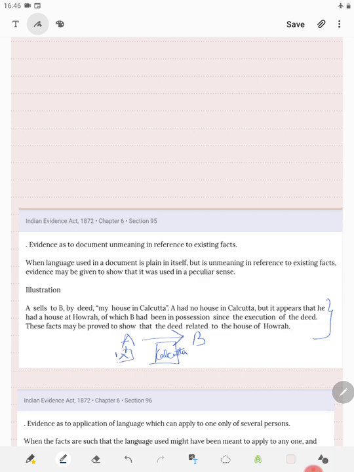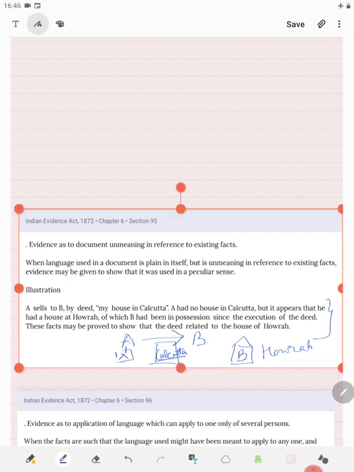Instead, A has got a house at Howrah, and B is in possession of this house of A at Howrah. On plain reading, A sold his house at Calcutta to B, but since A has no house at Calcutta, it doesn't make any sense.